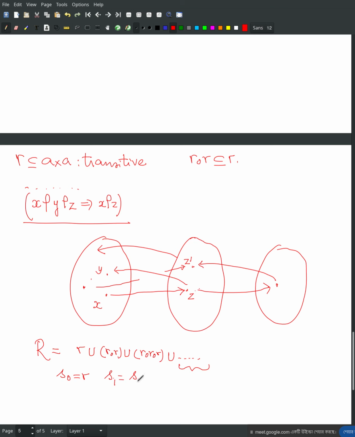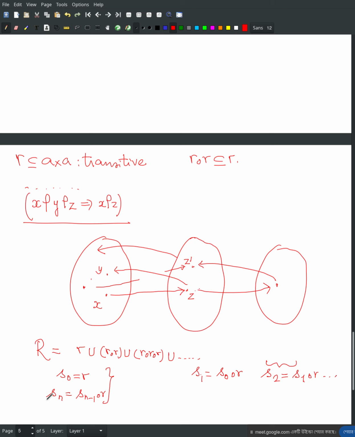So it is S0 composed R. Third stage, this is S2. Sorry, S2 is S1 composed R. So that gives you your general formula. Sn is Sn minus 1 composed R. So you see that gives your generic formula to create this, right?